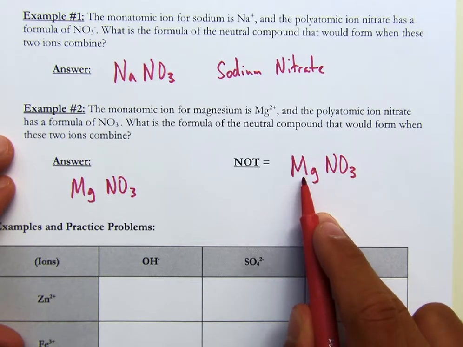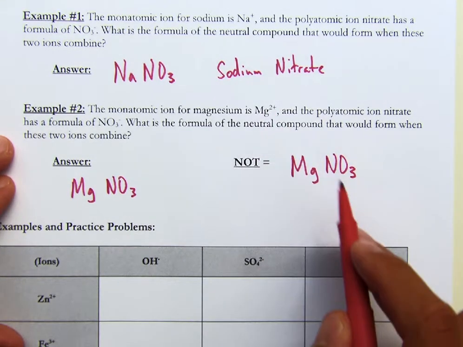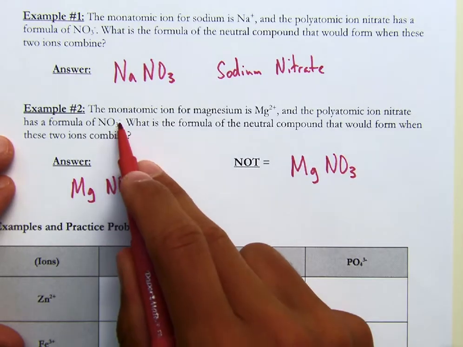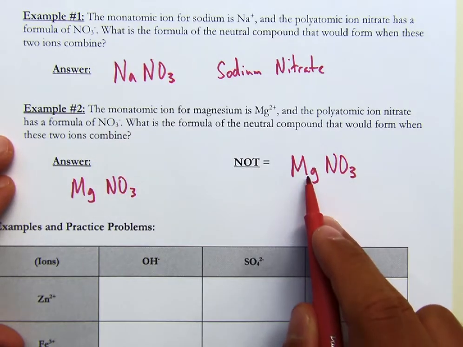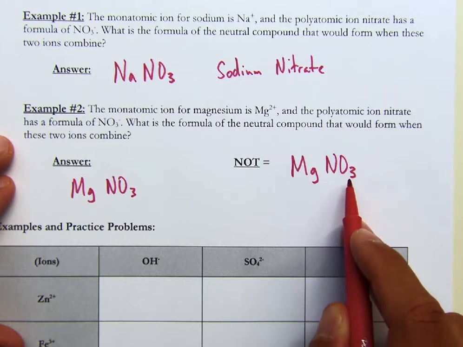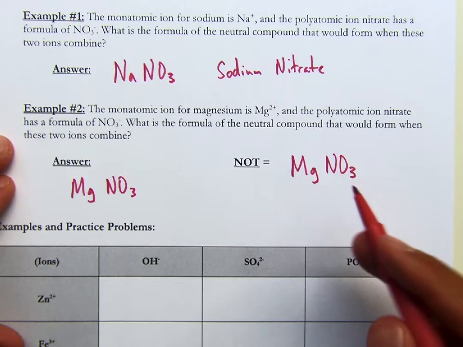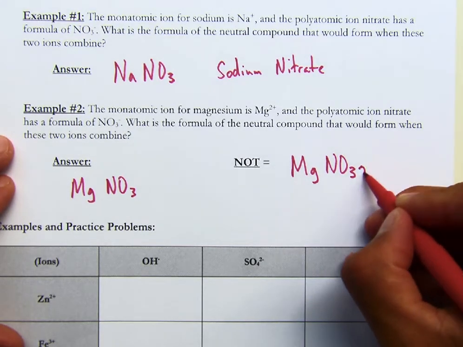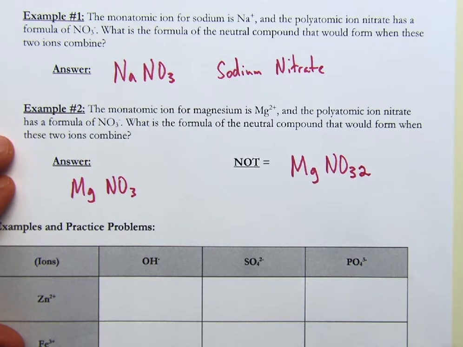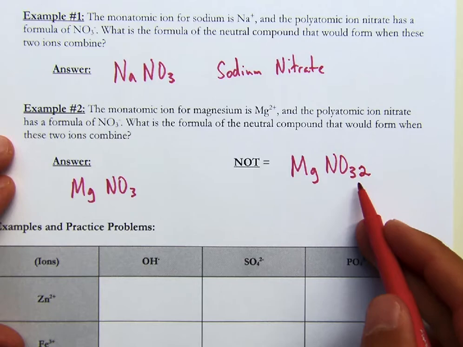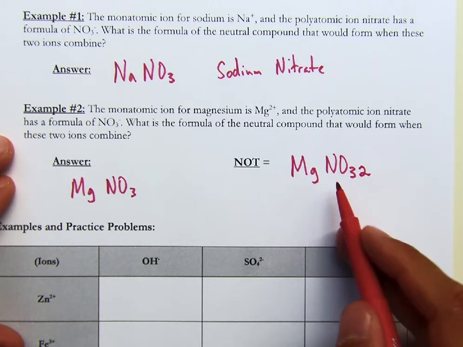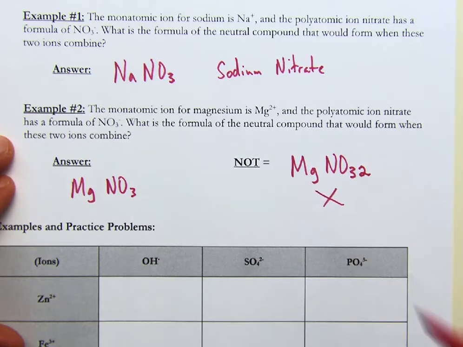Magnesium is +2. Nitrate is -1. So this is +2, this is -1. To form a neutral compound, I need to have 2 of these, right? I need to have 2 nitrates. So if I need 2 of them, I'm just going to put a 2 here. Can you see how that's confusing? What, do I have 32 oxygens? What is this, right? This is not correct.